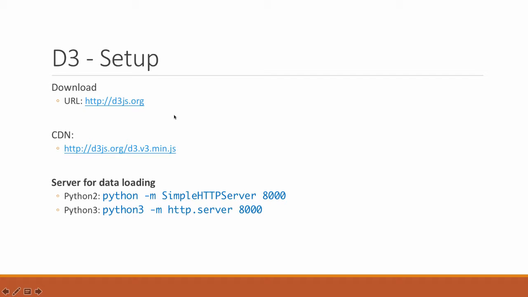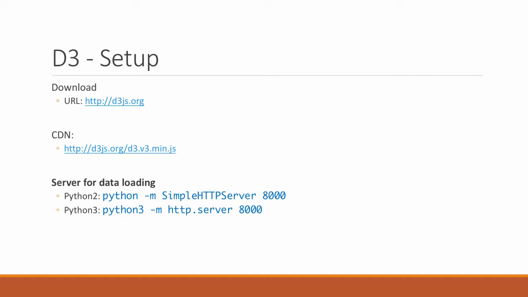One thing important is that because of the way web browsers work, you cannot access local files. This means that if you want to load a JSON file or a CSV file on your machine, you will need to run a server to be able to do that. You cannot just open an index.html file.